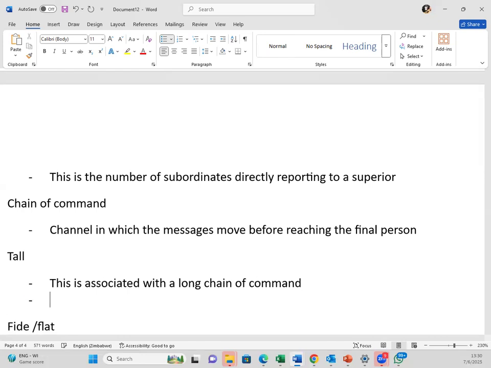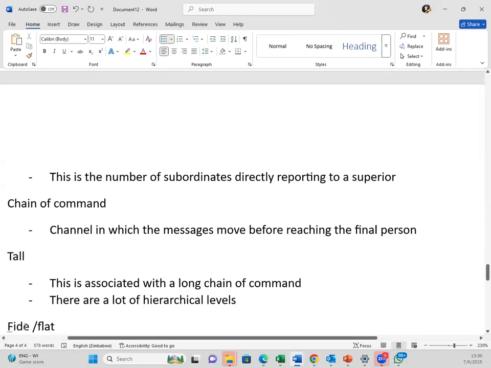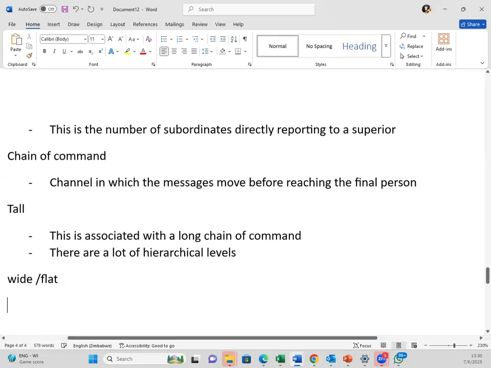A tall structure means messages have to pass through a lot of hierarchical levels, or management levels. Besides a tall structure, we have a wide or flat structure.